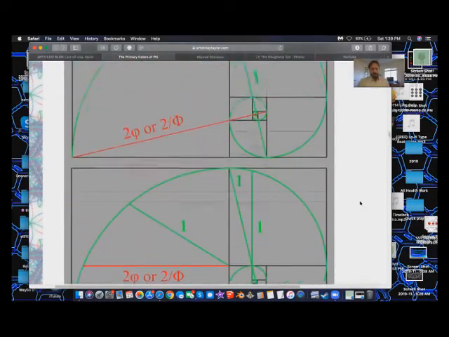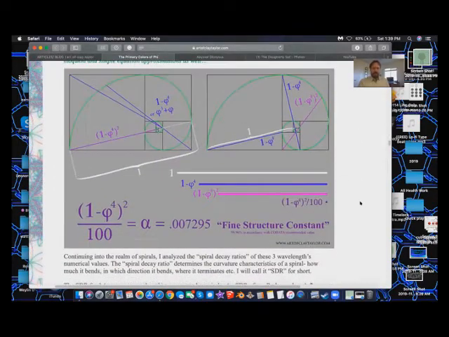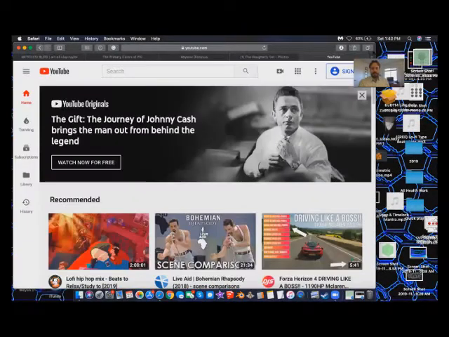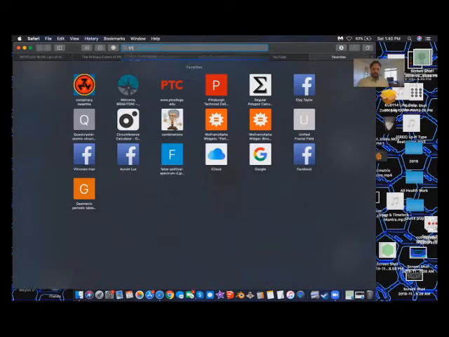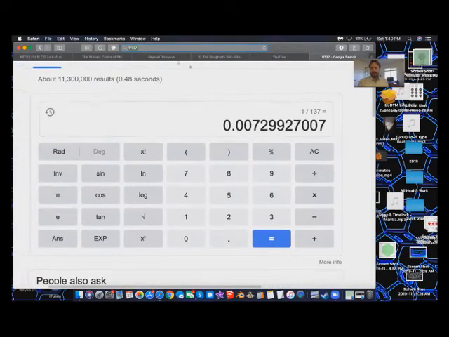Yeah. And it's interesting, when I work with these mathematical constants and see how they might be approximated by geometry, a lot of them are ultimately approximated to 99.96 or 99.98.